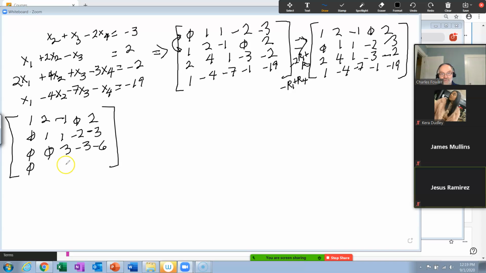Minus 2 minus 4 is minus 6. 1 minus 7, that's also a minus 6. 0 minus 1 is a minus 1. And minus 2 minus 19 is minus 21. This is getting worse looking. This is so aggravating.